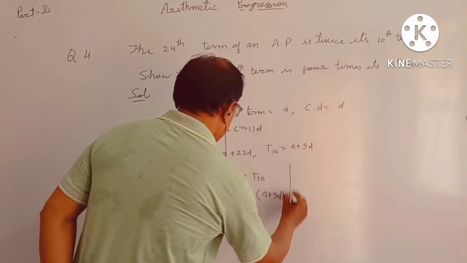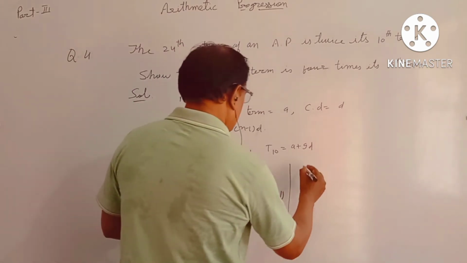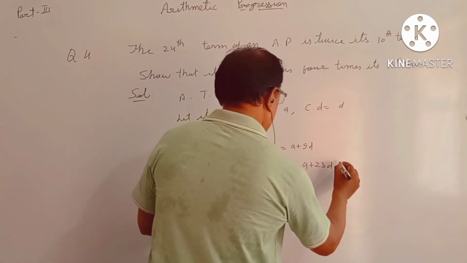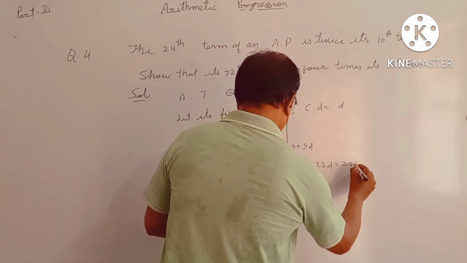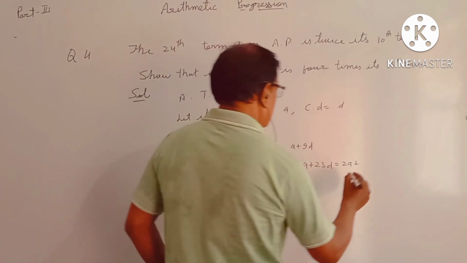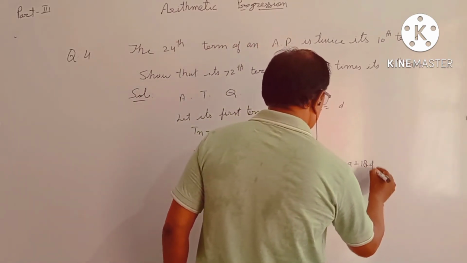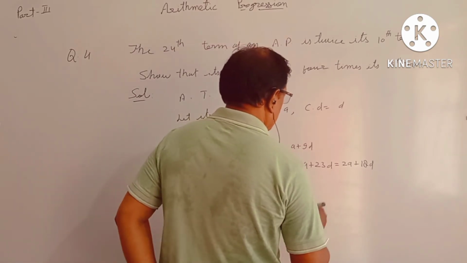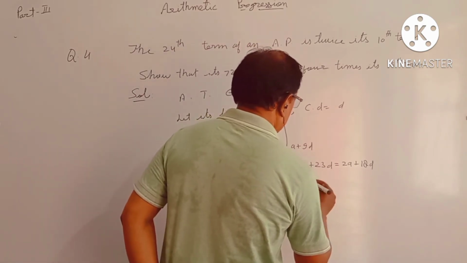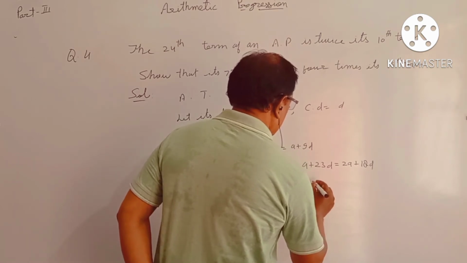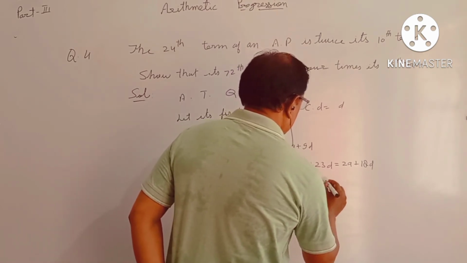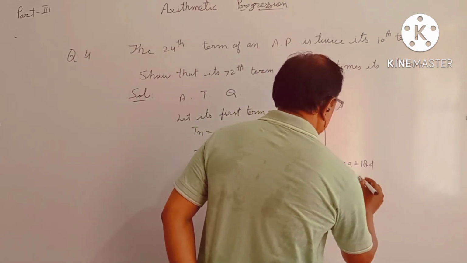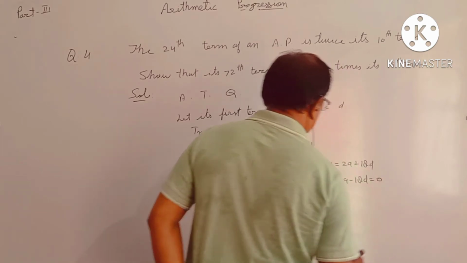Now we solve it: A plus 23D equals 2A plus 18D. Now we find the value of A and D by transposing: A plus 23D minus 2A minus 18D equals 0.